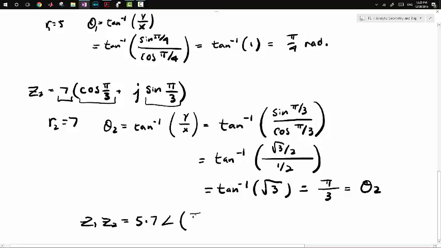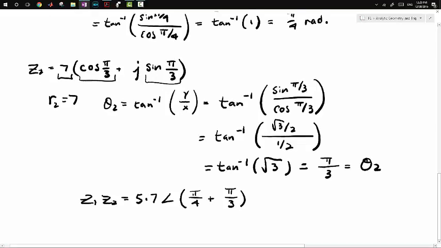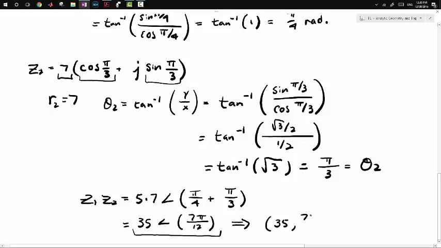So that's just pi over 4 plus pi over 3. And this is equal to 35, and the angle is 7 pi over 12. And really this notation here is the same thing as saying 35 comma 7 pi over 12.